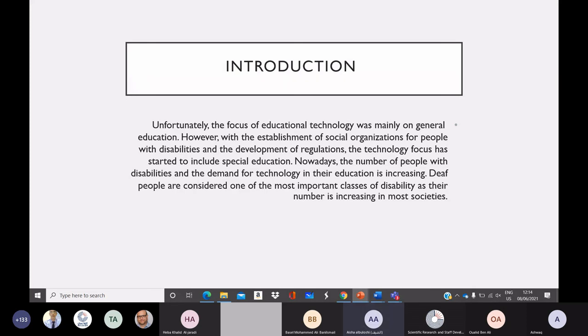However, with the establishment of social organizations for people with disabilities and the development of regulations, the technology focus has started to include special education. Nowadays, the number of people with disabilities and the demand for technology in their education is increasing. Deaf people are considered one of the most important classes of disabilities as their number is increasing in most societies.